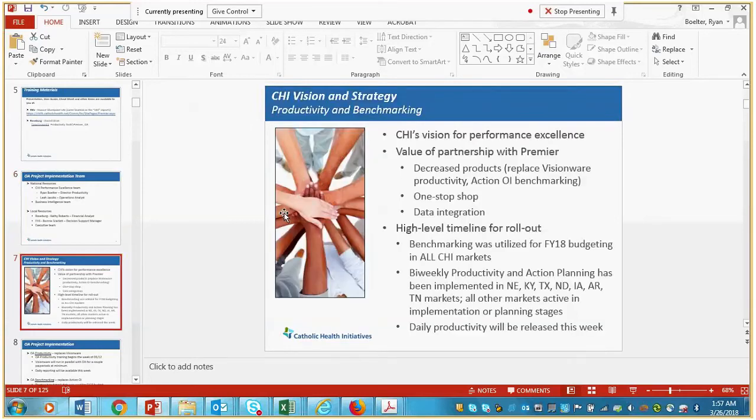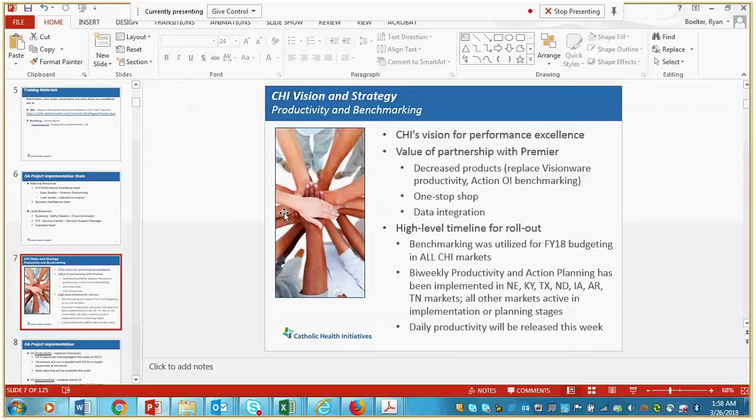This project overall began several years ago as part of the CHI financial turnaround. We've always had a labor management program in place, but it was a time for us to kind of reevaluate how we were doing things. So at that point, with the burden on CHI and meeting margins and trying to stay financially sound so we can reinvest those resources into our organization, we had to look at things all across the organization, how we could do things differently.